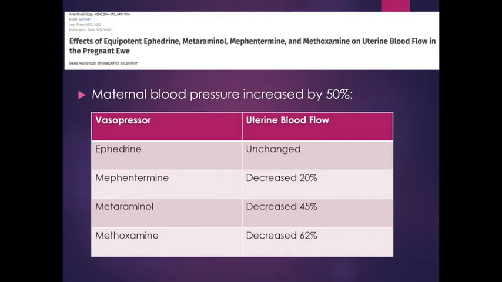It was reduced 60% with methoxamine. So metaraminol and methoxamine consistently decreased the uterine blood flow at all levels, and there was no significant change in fetal blood gas and acid-base variables in the study, which brings us to the problems with animal studies.